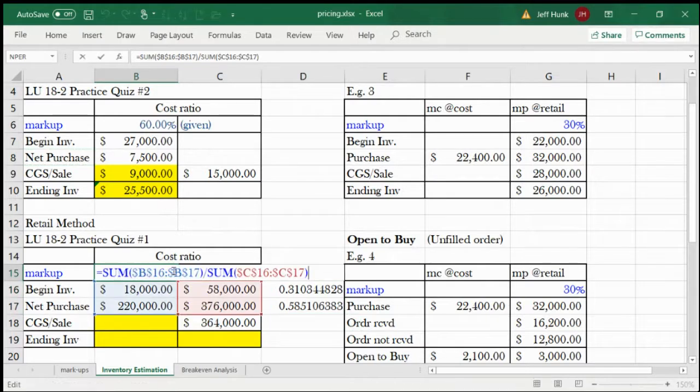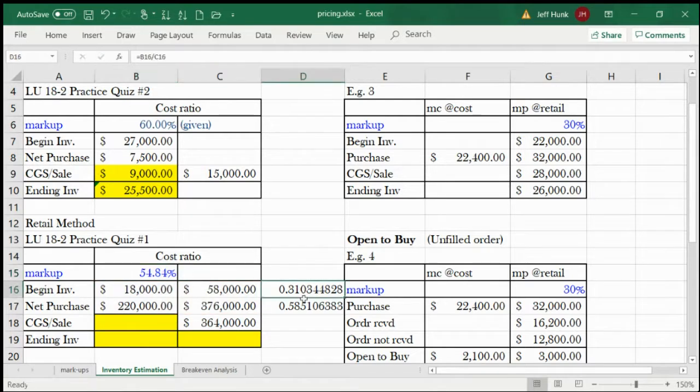What does that mean? You are summing up some of these over some of these, and that will be the average, right? Makes sense? So that's what I did. I got the cost ratio there.